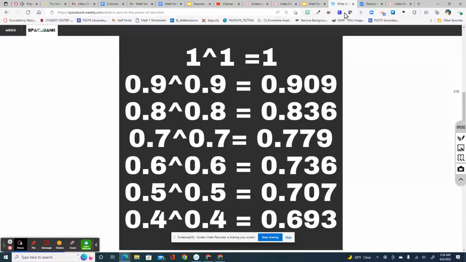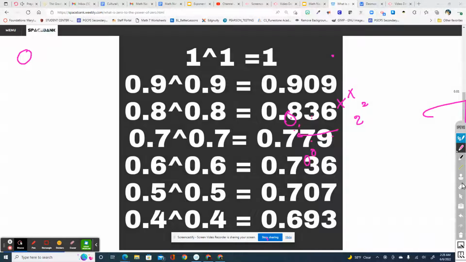This work has already been done for us using a calculator. Remember, this concept is modeling x to the power of x.